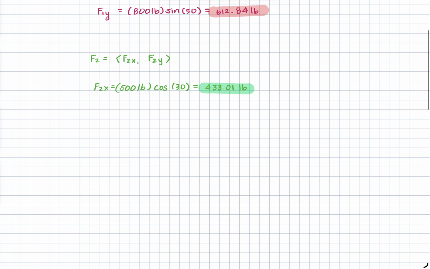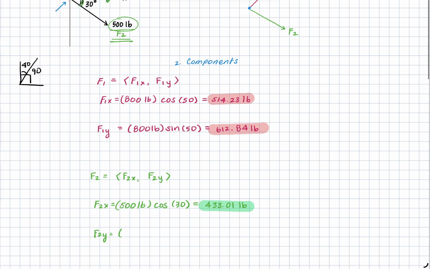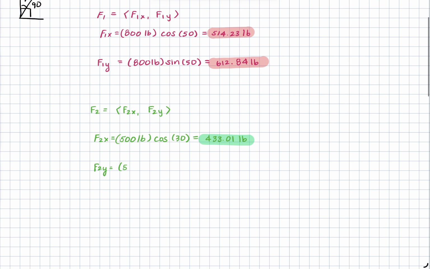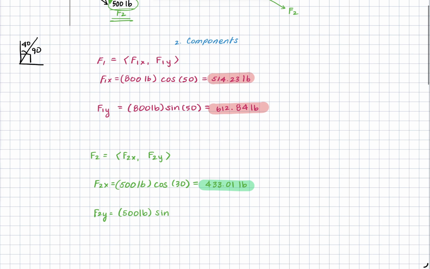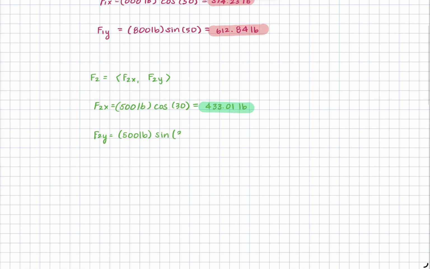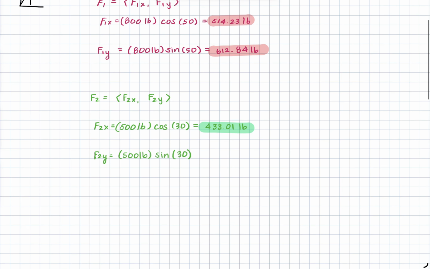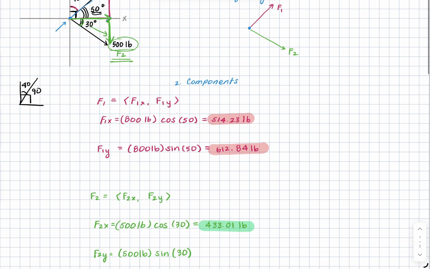So for the y component, we're going to do the same thing. F2y equals the magnitude, which is again 500 pounds, times the sine, because we want the opposite from the angle. So we want this line over here, the y component, and that's going to give us sine of 30. Now, it's important to note that F2y is in the negative y direction.